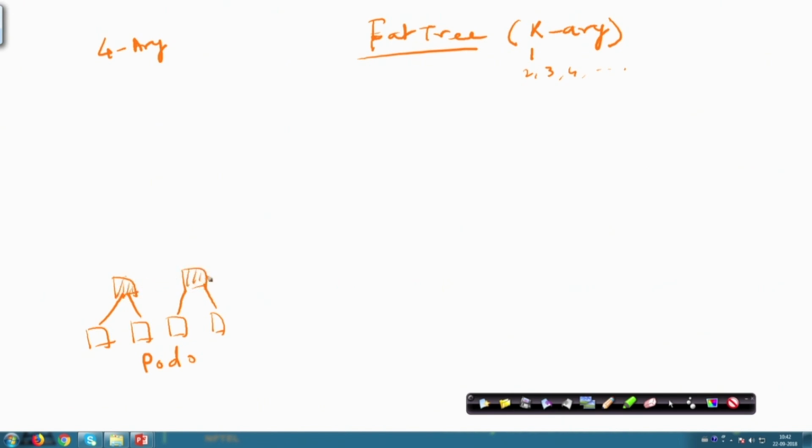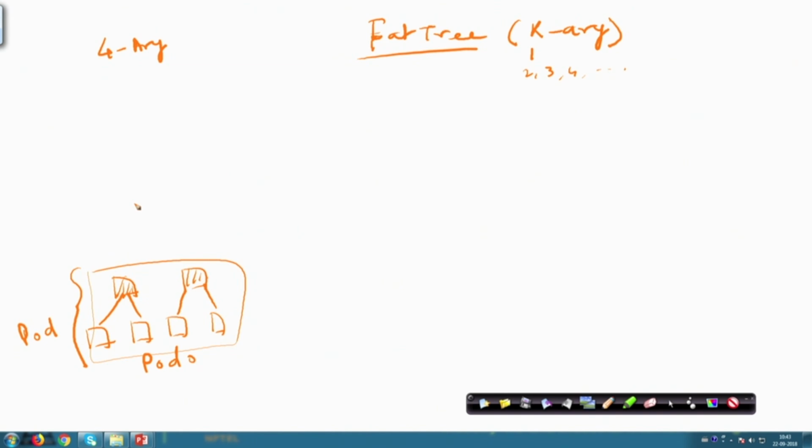Let us say that these are your switches. These switches together with your end devices, these computers, this is known as a pod. So, this entire thing over here is one pod.